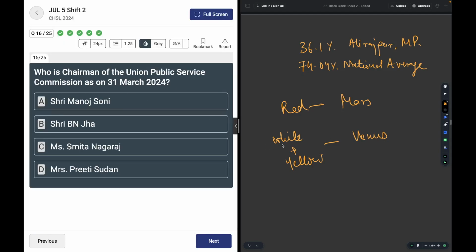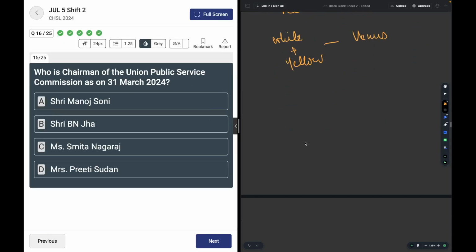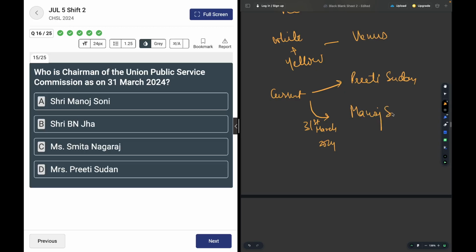Who's the chairman of UPSC as on 31st March 2024? So, the current chairperson is Preeti Sudan. But as on 31st March 2024, it was Manoj Soni.